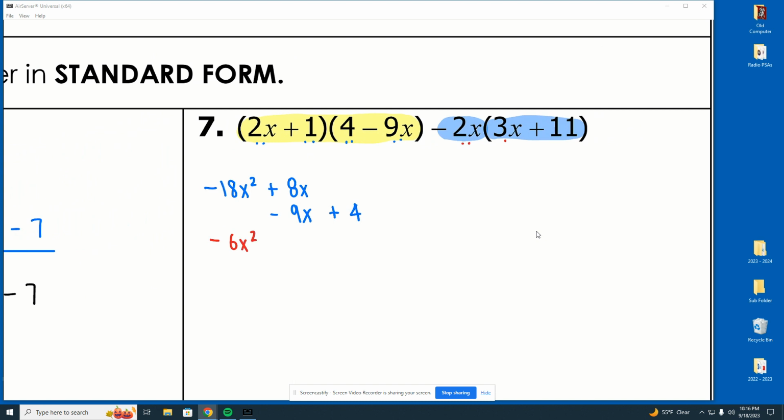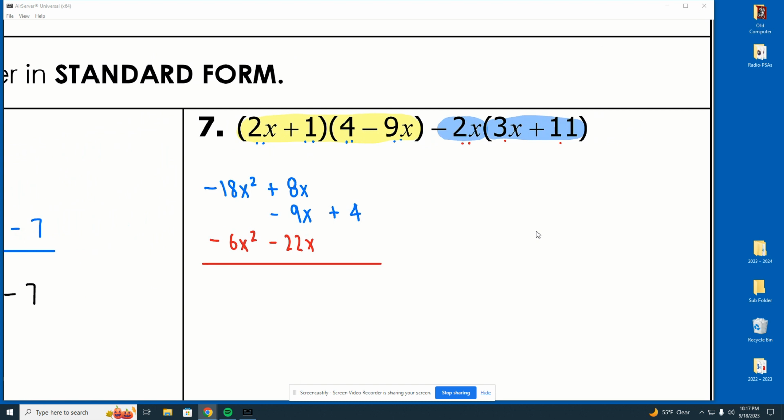And then negative 2x times 11, negative 2 times 11 is negative 22x. I hope that makes sense because I know it's a little hard, but you guys can do this. So now all we have to do is just combine our like terms vertically.